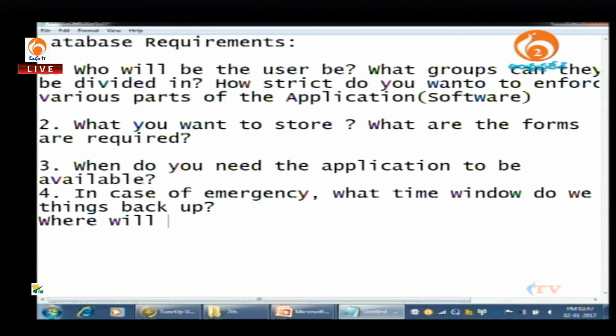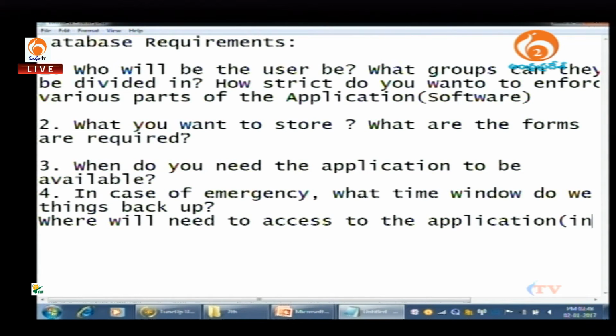Where will you need to access the application, that is, internal or external?